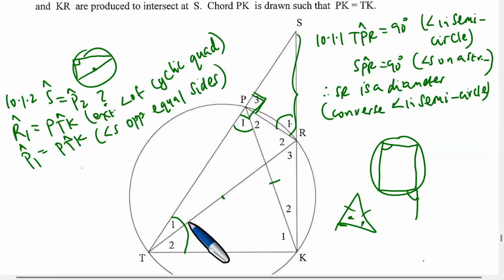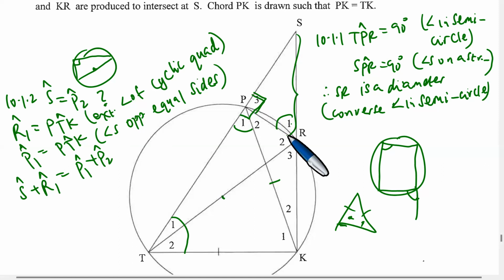Next, we have that angle S plus angle R1 is equal to angle P1 plus angle P2.